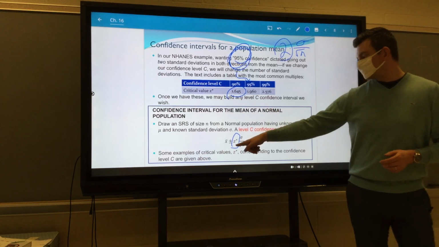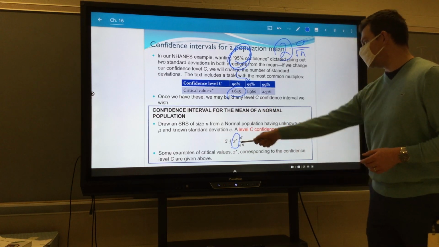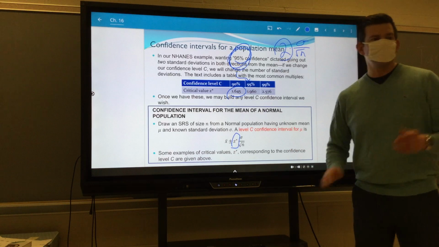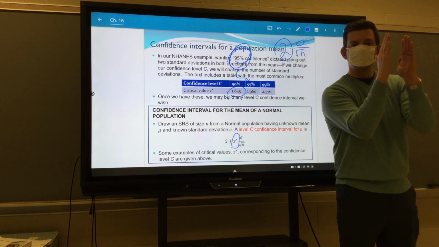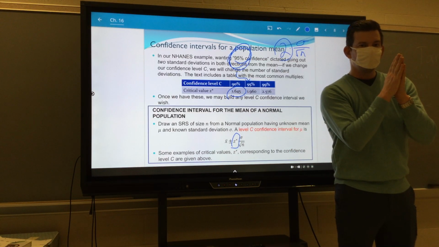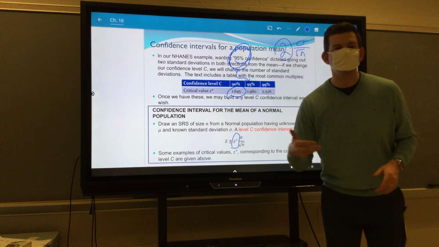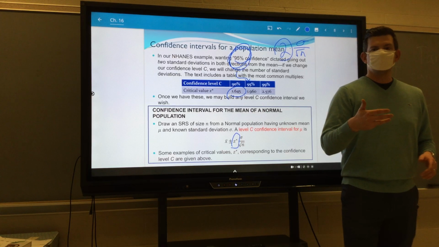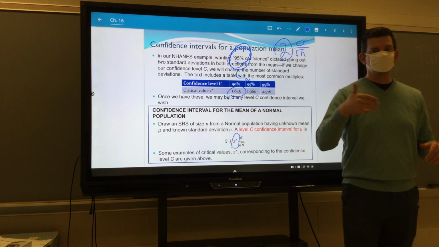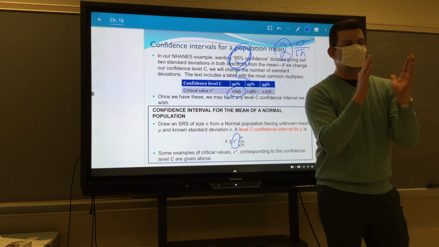If I wanted this Z star value to only be 1, I'm going to have a nice narrow confidence interval. But the price to pay for that is I'm only 68% sure. Now, only 2 out of every 3 are going to be accurate.